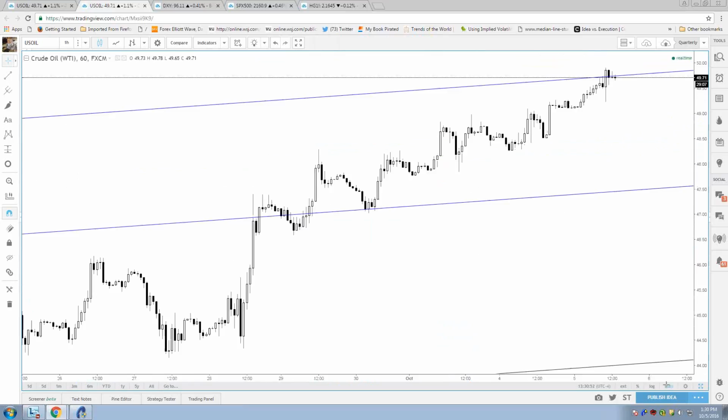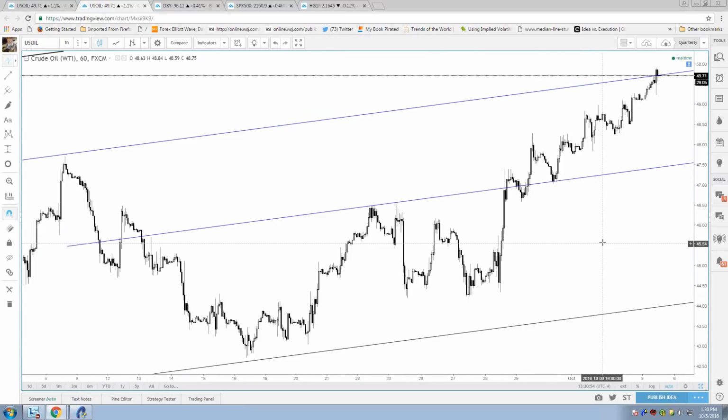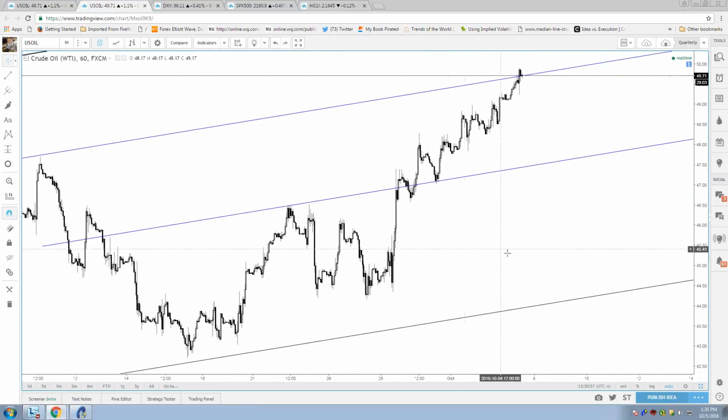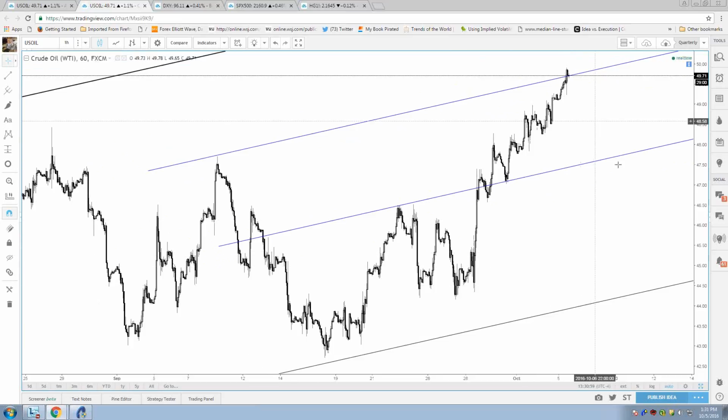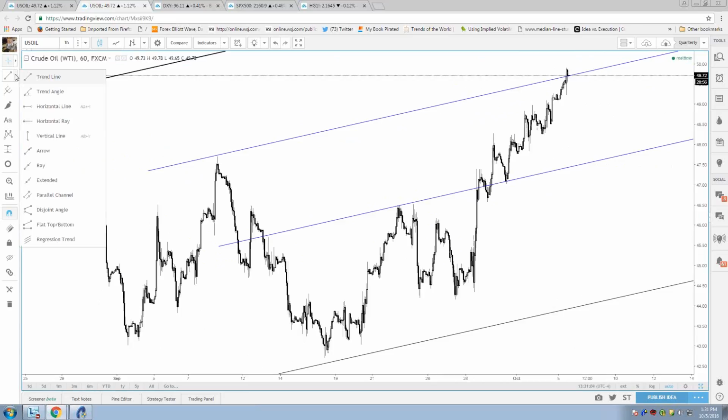So 60-minute chart, same stuff, same lines. And this really could be kind of the moneymaker, if you will, okay?